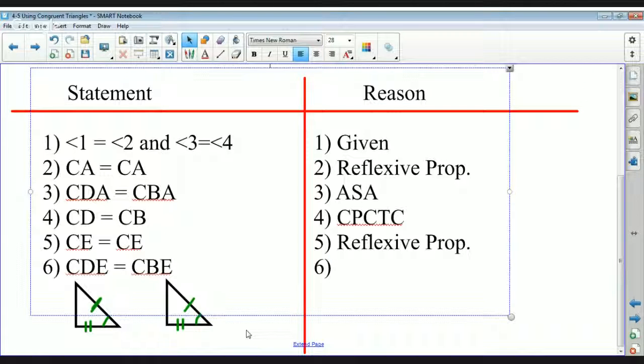Two sides are congruent with the included angle. So that's an example of side, angle, side. The only way we could ever prove these two triangles, CDE and CBE, are congruent is by using CPCTC, by proving that the big triangles have a corresponding part in the smaller triangles.